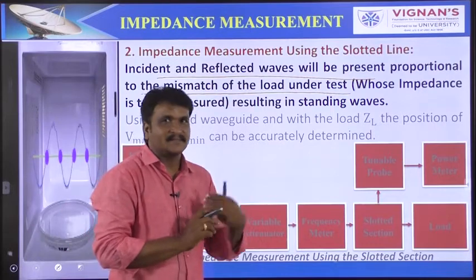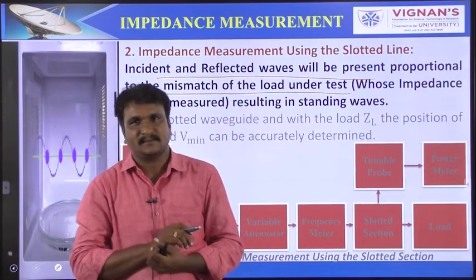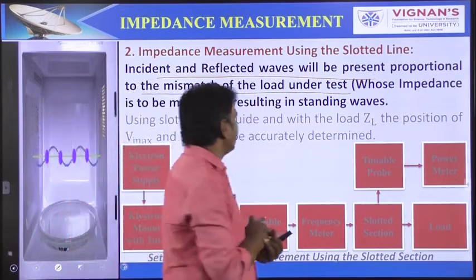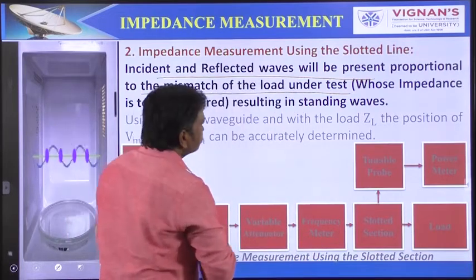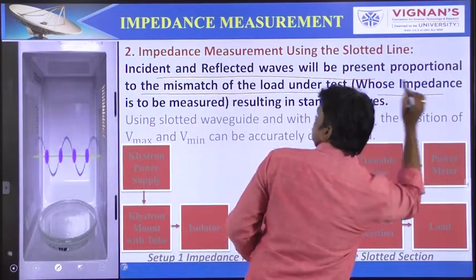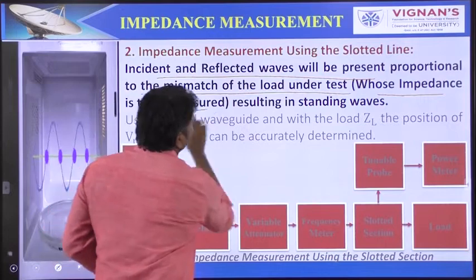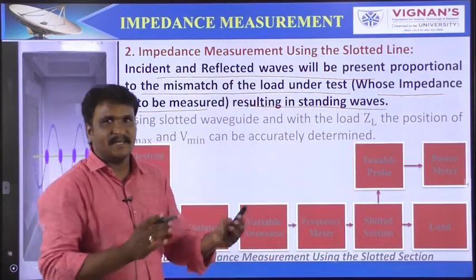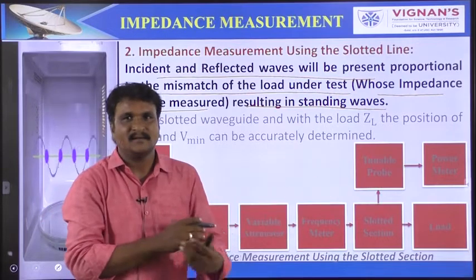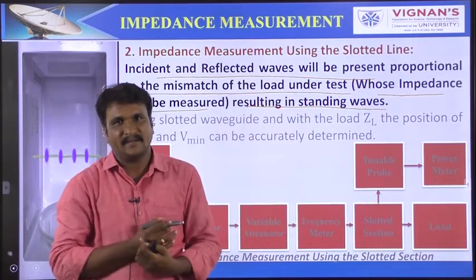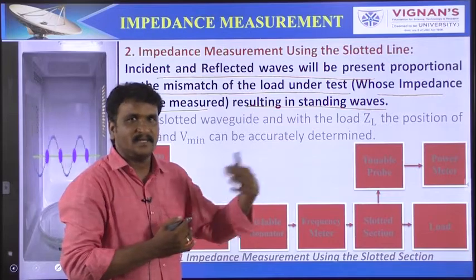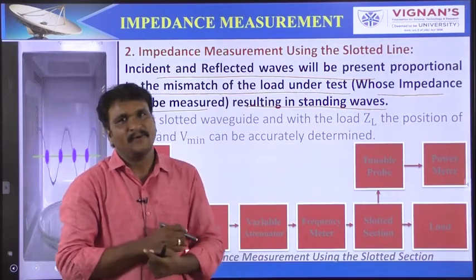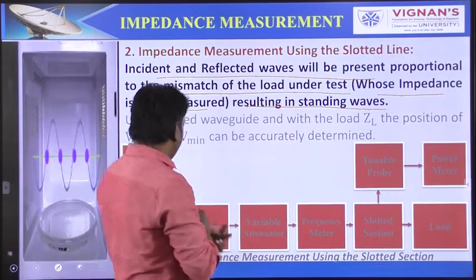That reflected signal will create a standing wave pattern, resulting from the load whose impedance is to be measured. If any mismatch happens at the load side, it will create some standing waves. The standing waves will exist in the waveguide, right?